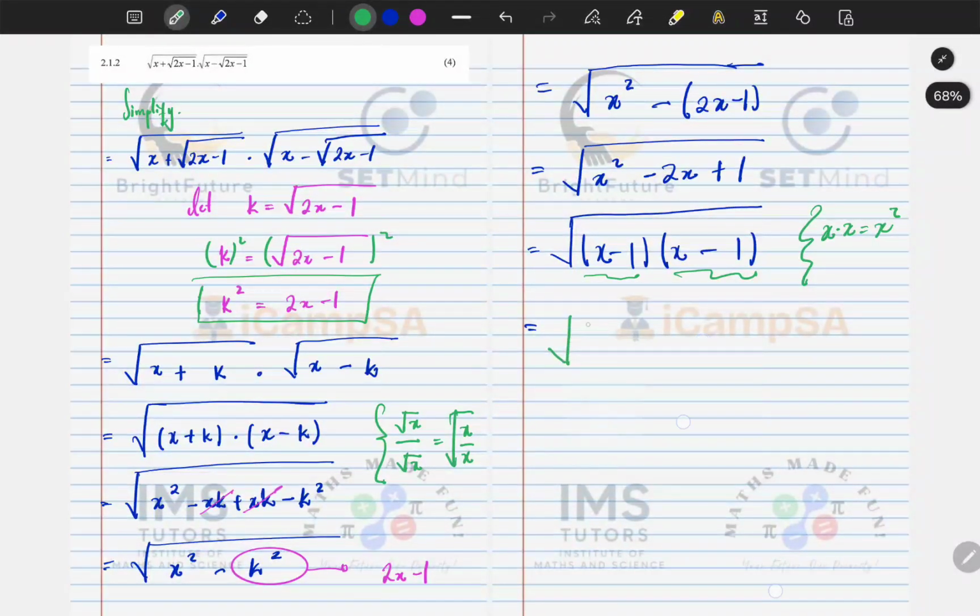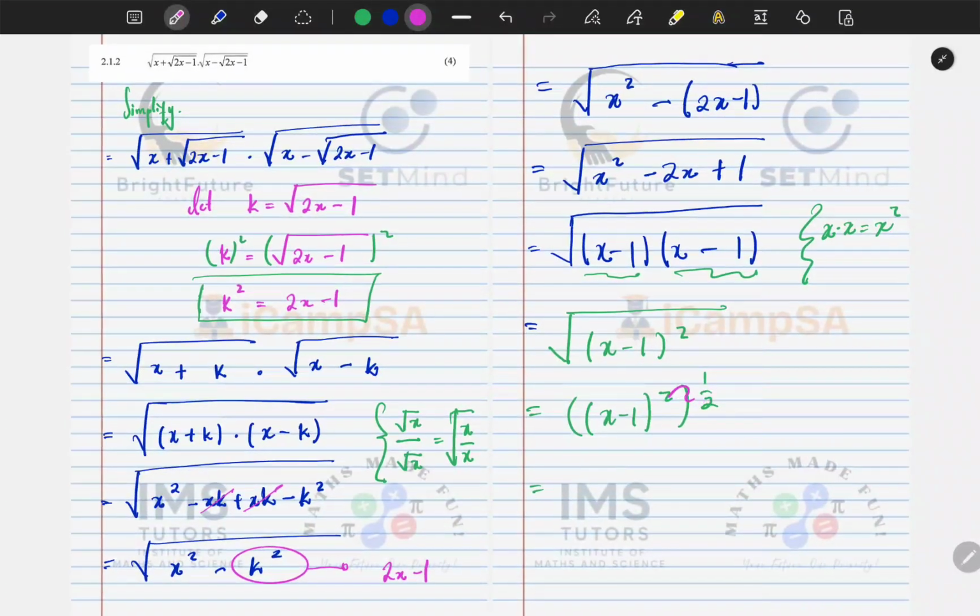So you are going to have x minus 1 squared, all to the power of 1 over 2. When you distribute that, the 2 and 2 will cancel out, and you are left with x minus 1 as your final answer.